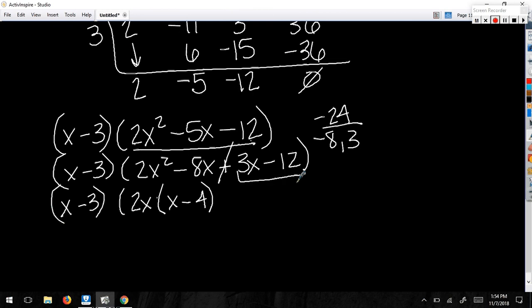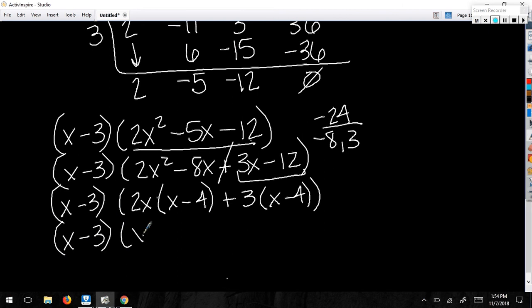How about these next 2? 3. What's left? And now I can take the x minus 4 out, right? So I get, right?